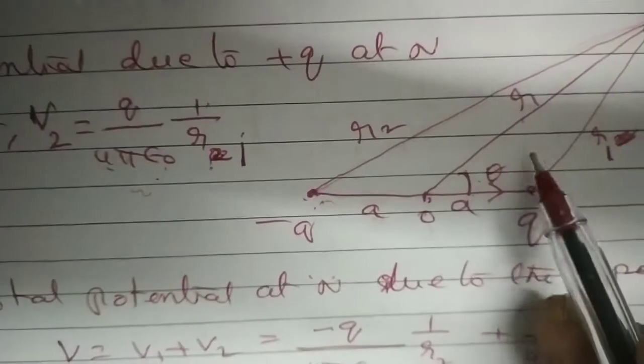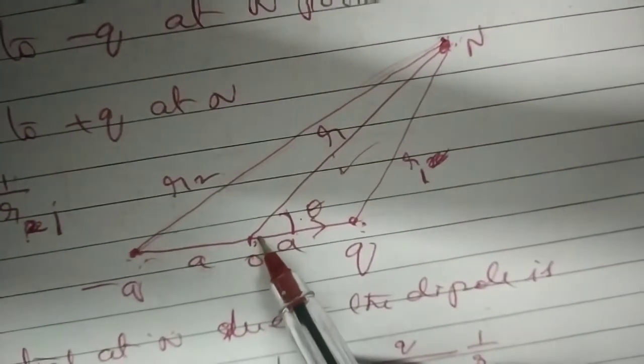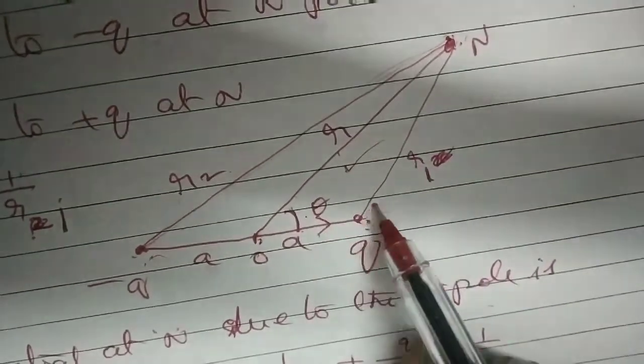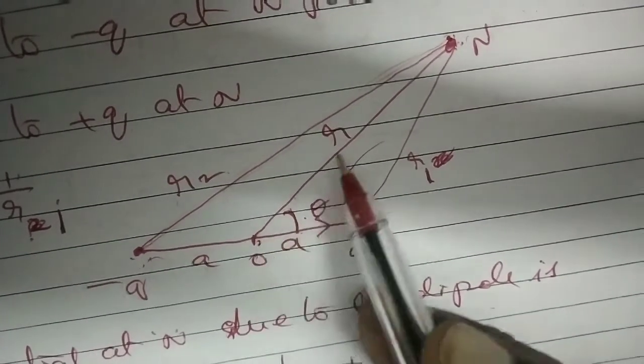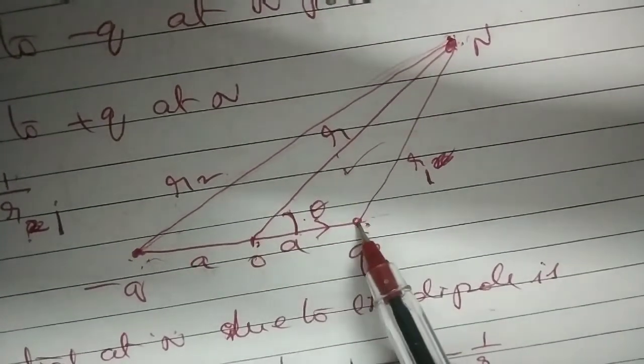To do that, first I am considering this triangle, in which there is side R, side A, and side R1, and here the angle is theta. The side opposite to theta is R1.